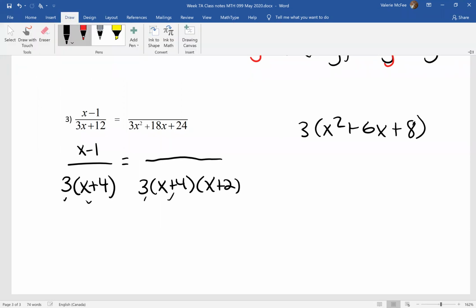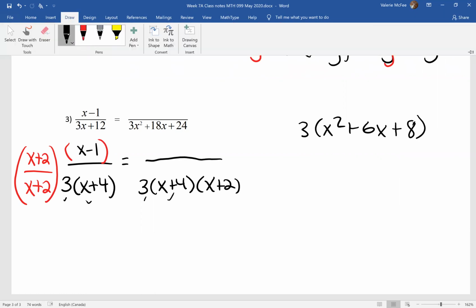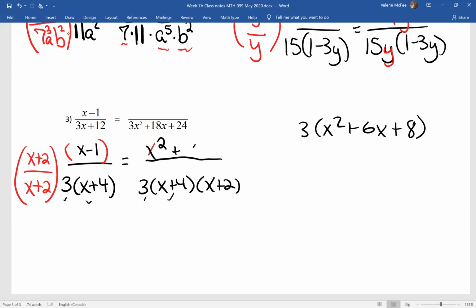We're missing that factor of x plus 2. When we multiply x plus 2 by x minus 1, we get x squared plus x minus 2 all over the denominator.